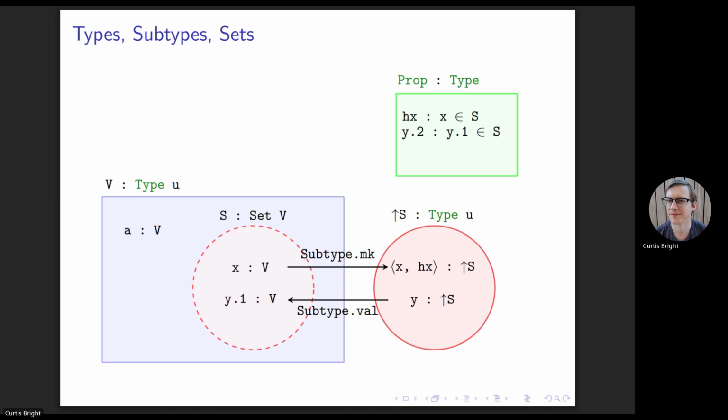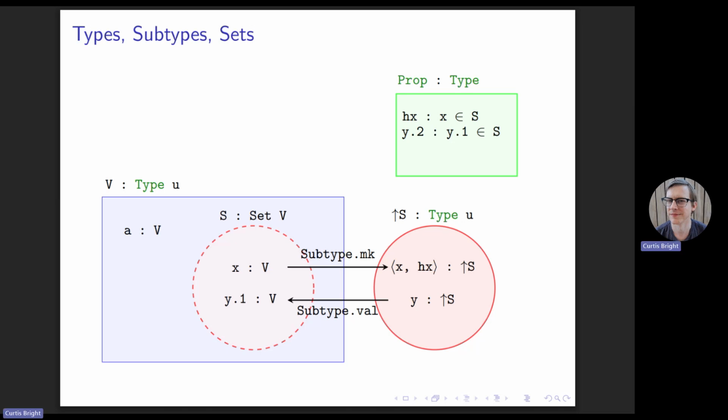Some examples of this include 3 has type natural number, pi has type real number, etc. Everything that we're working with is going to be some term belonging to some type.